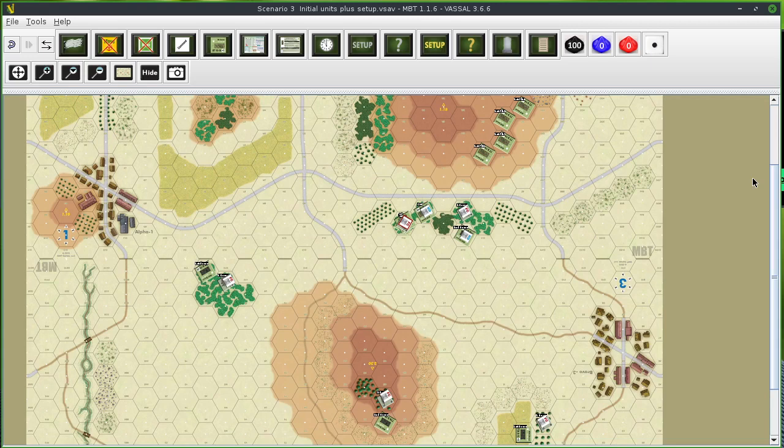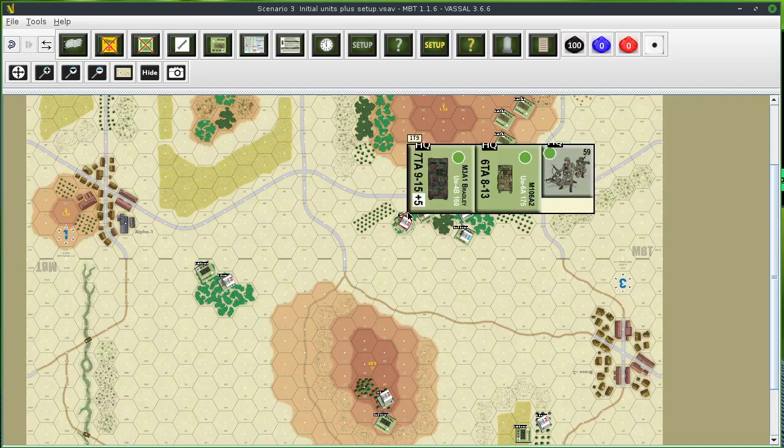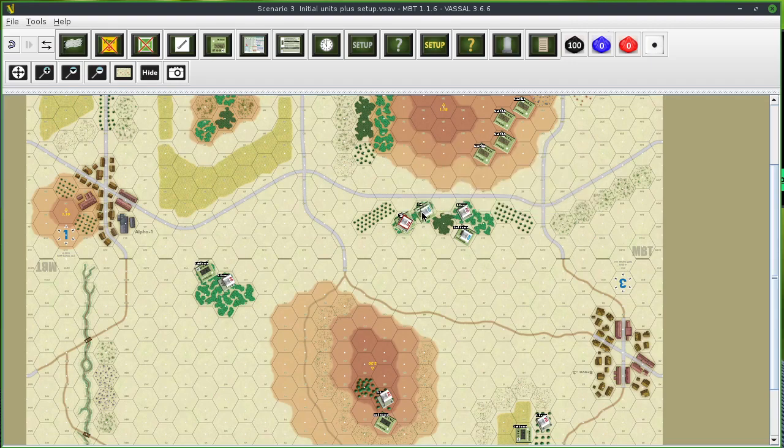We are using the command span rules. So the US has a command span of 10 hexes. This right here is the command hex, that's the command unit, and actually this is that Abrams.